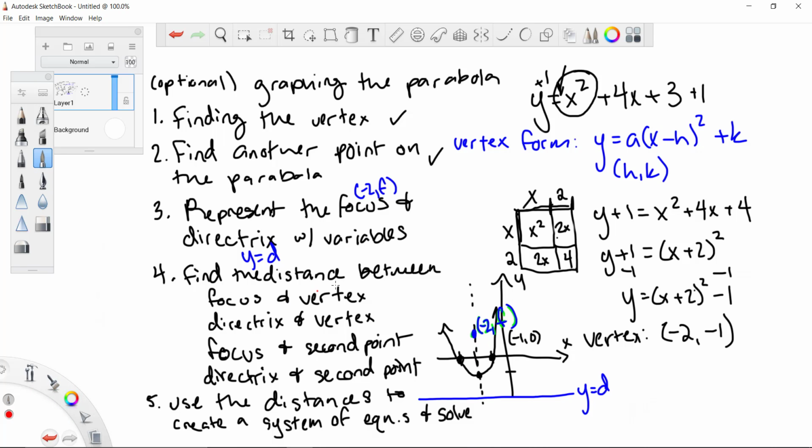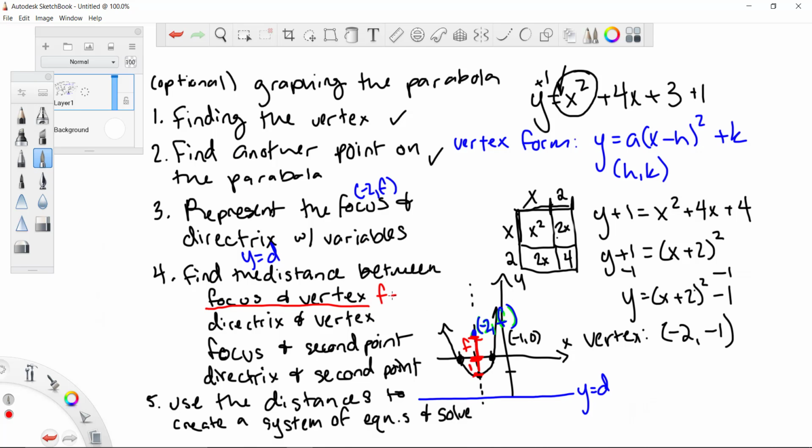So if I want the distance between the focus and the vertex, the focus is here, the vertex is here. This distance can be found in a couple of ways. One way is to think about getting up to the x-axis from our vertex. Since our vertex is at y equals -1, that length is 1. Then I need to go up f more to get up to my focus.